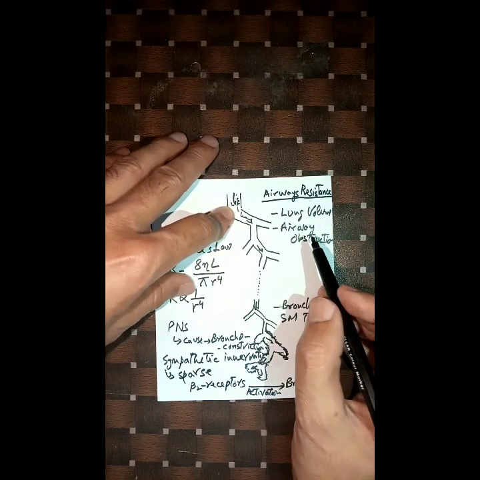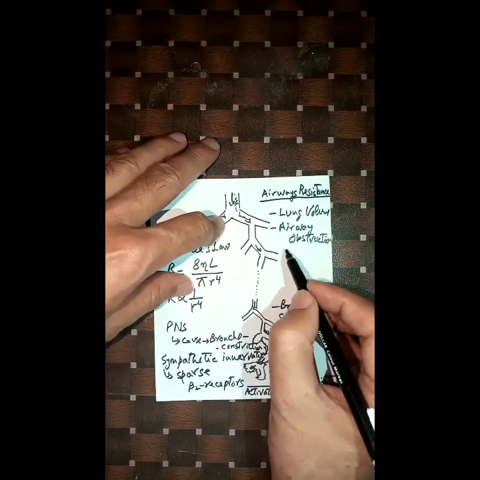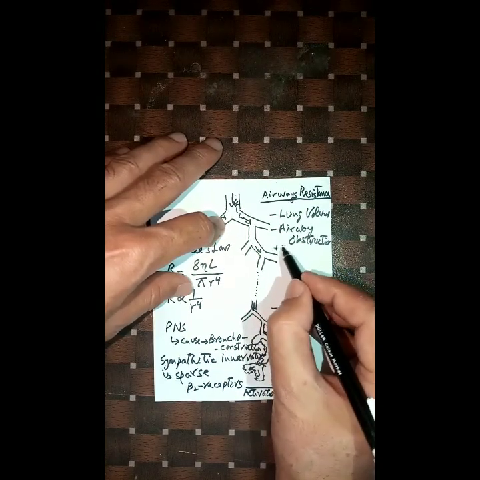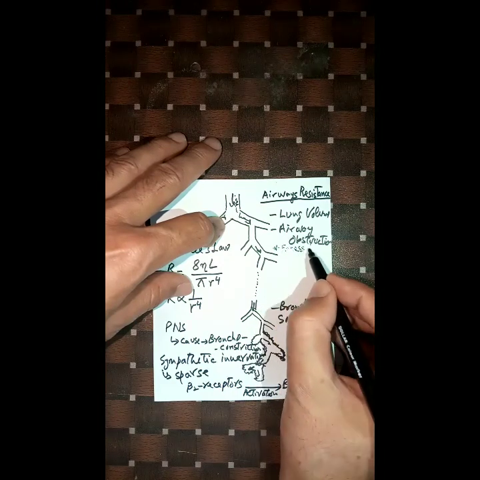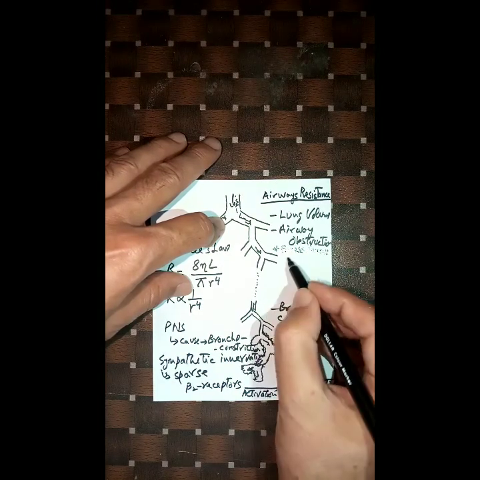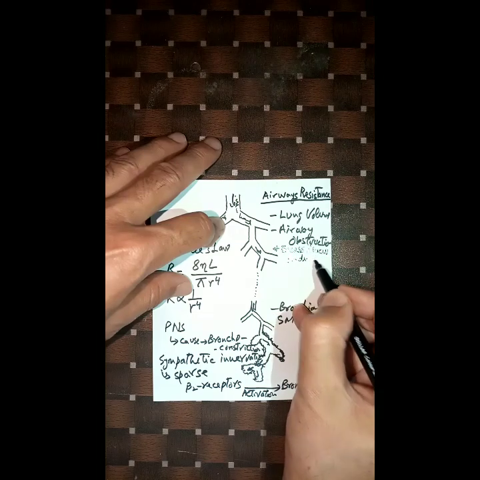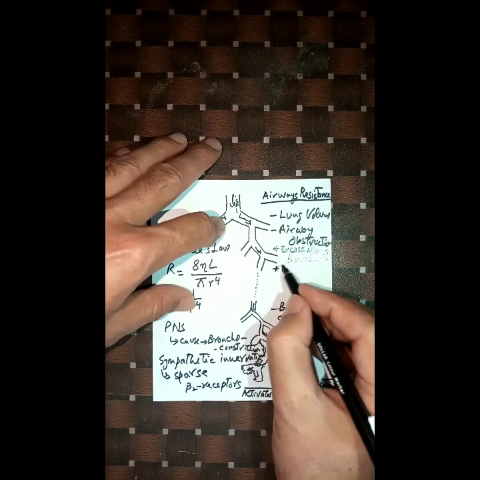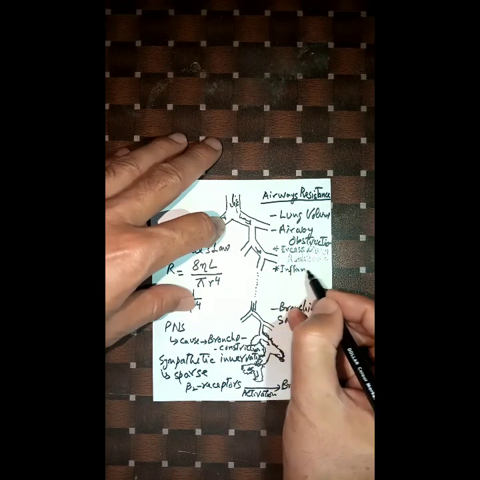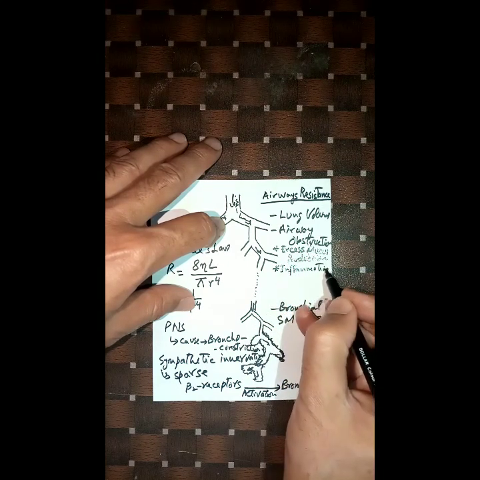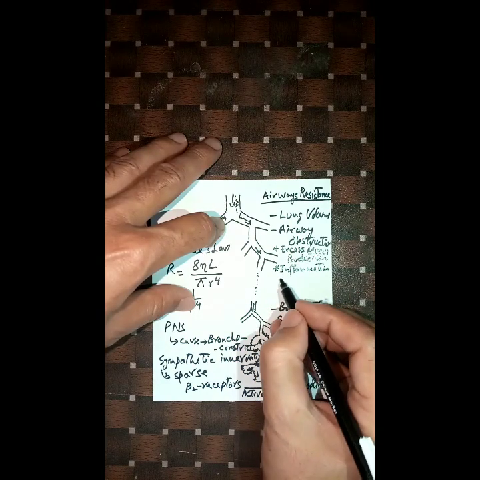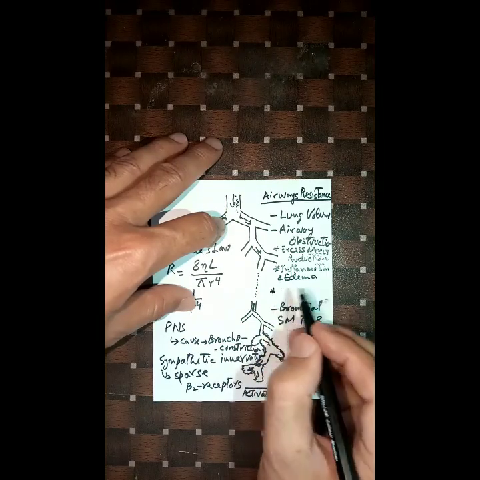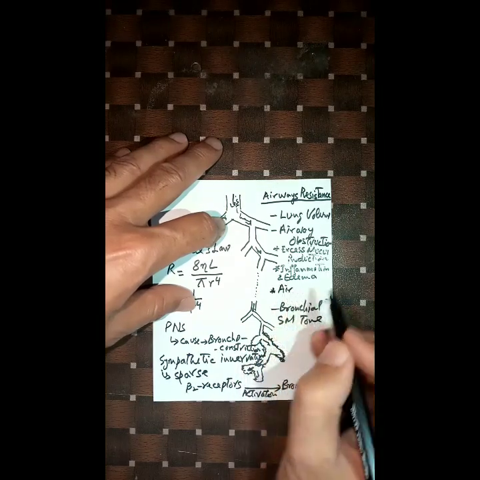Airway obstruction may be caused by several factors. These factors are excess mucus production, inflammation, edema of the airway walls, and airways collapse.